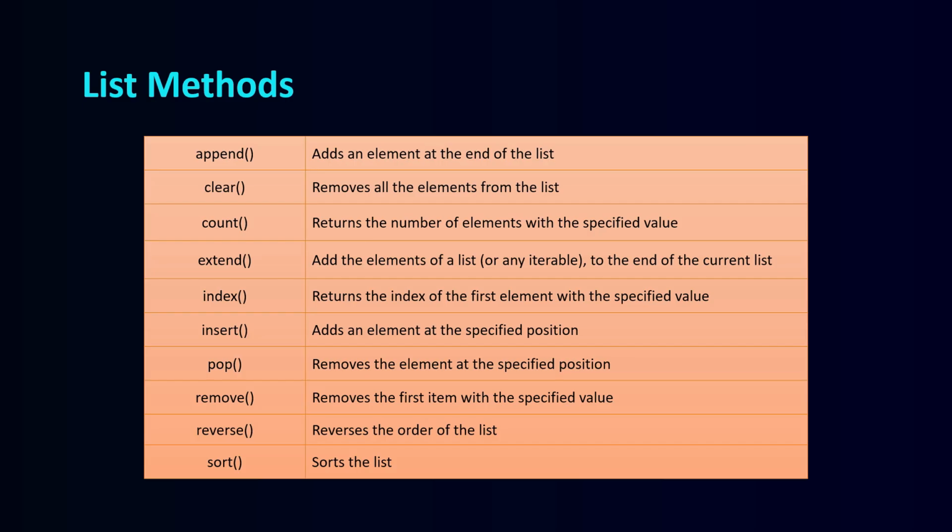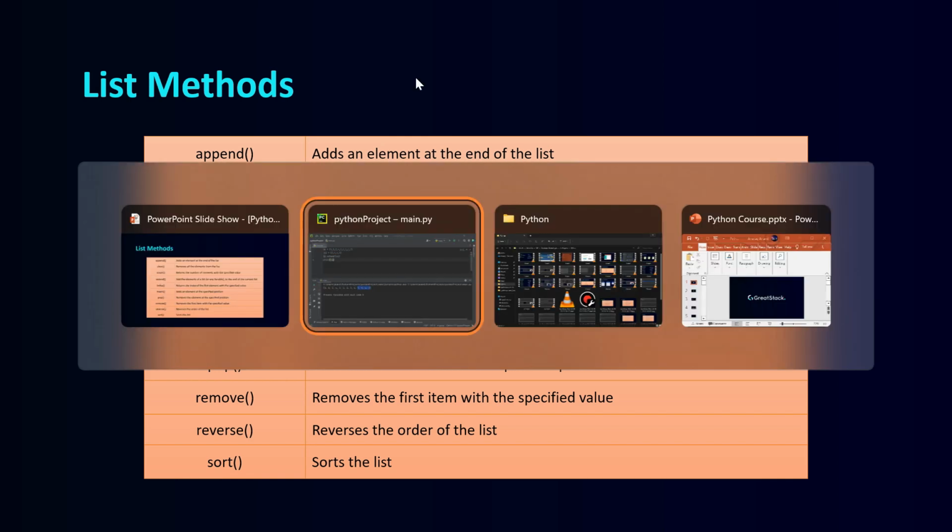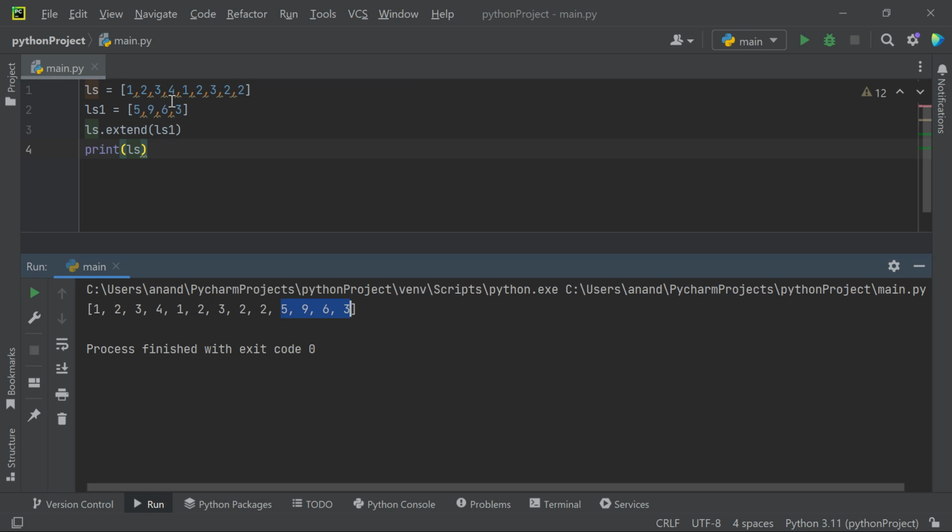Then we have the index function, which returns the index of the first element with a specified value. Whatever value you specify as the parameter of this index method, it will return you the first occurrence of that element. So to check that, let's suppose we have too many 4s here. 4, then again we have 4, and again we have 4. So we have too many 4s, and also it is extended.